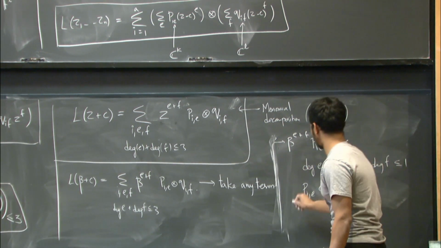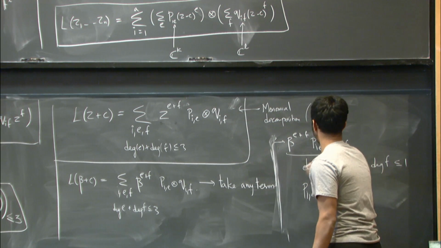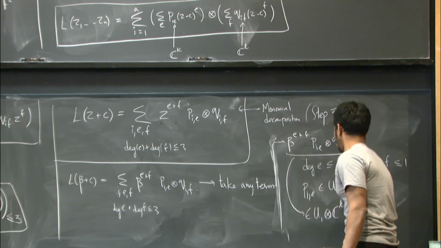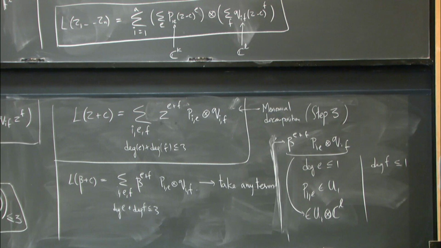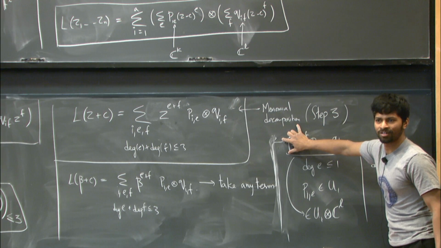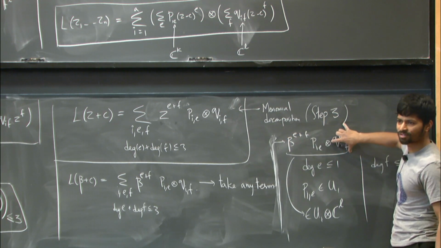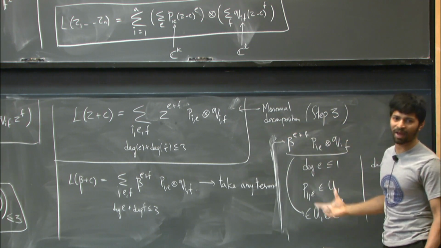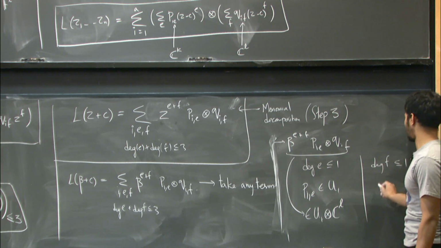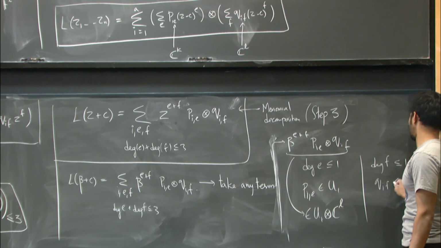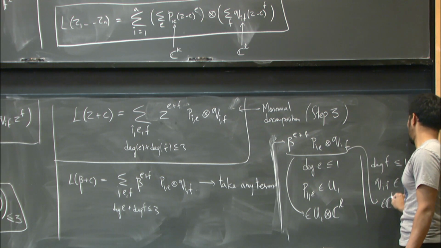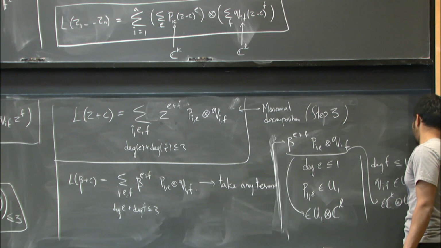So this term is inside U1 tensor C^l. Make sense? Because this is just a constant. You can push it to this side if you wish. And if degree of f is ≤ 1, then Q_i^f is inside U2. So then this term would be inside C^k tensor U2.